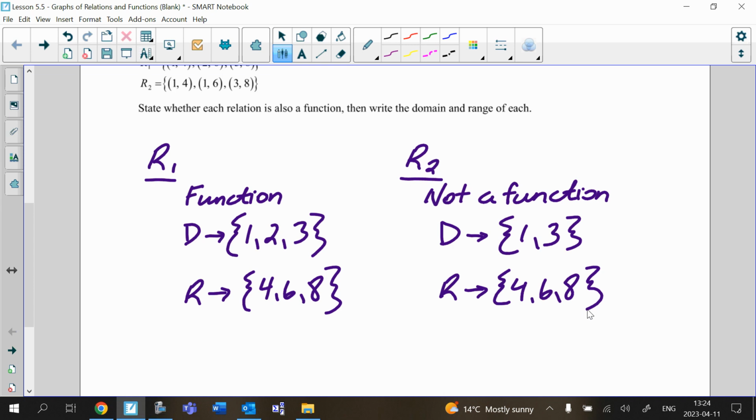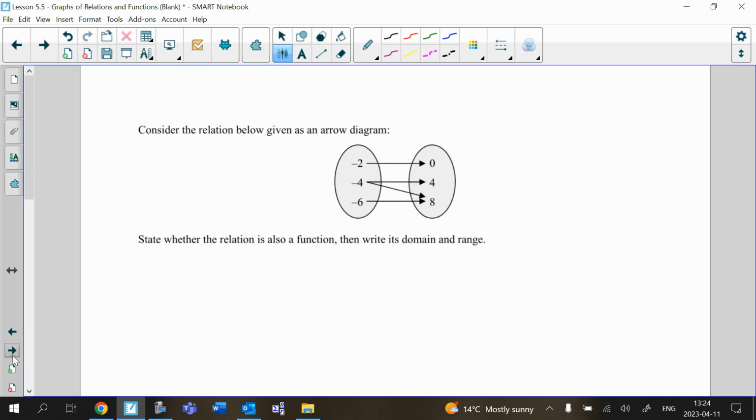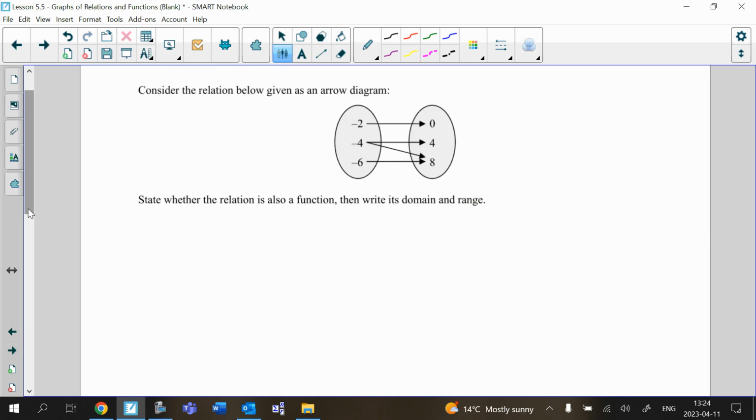You guys are also familiar with what to do if it's an arrow diagram. Three things. Is this a function? Yes or no? Why? The domain repeats -4 because it's got 2 arrows coming out of it. Excellent. Not a function.